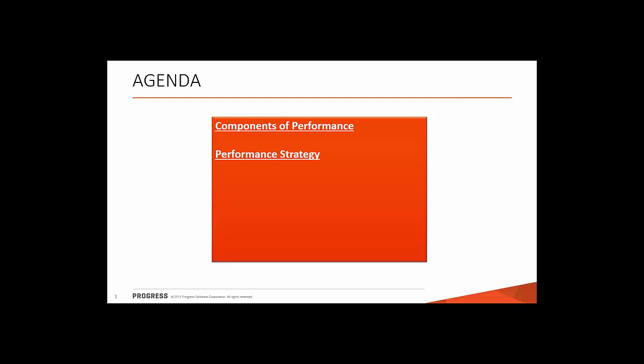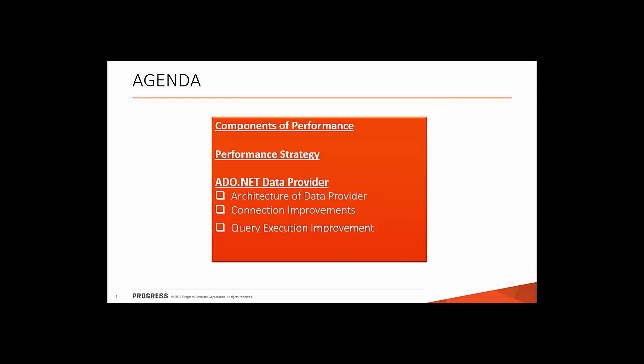Second point will be what our performance strategy should be, and then we will dive into the ADO.NET data provider to see how we can get the best out of it, what its architecture should be, what connection time improvements we can make, what query execution time improvements we can make, how we can optimize our result fetching, and some general coding guidelines in using the ADO.NET data provider.